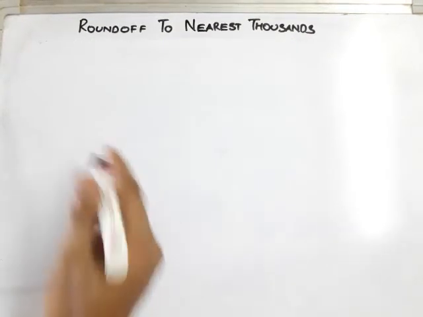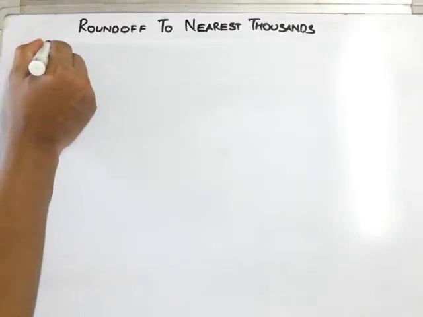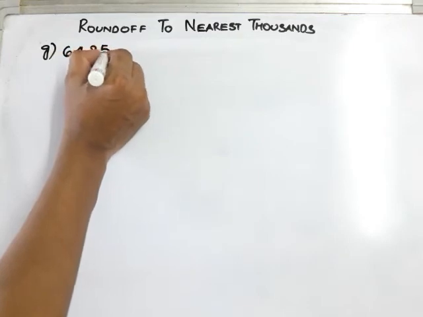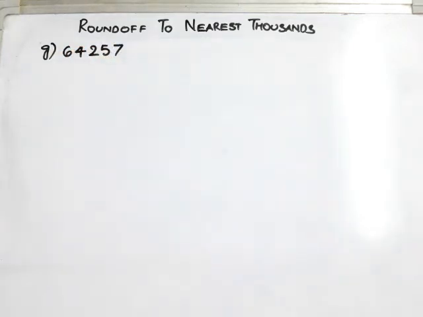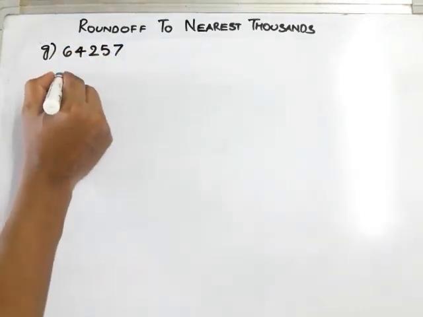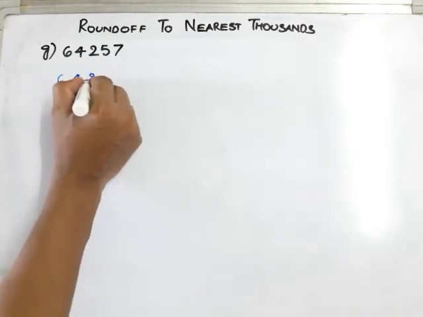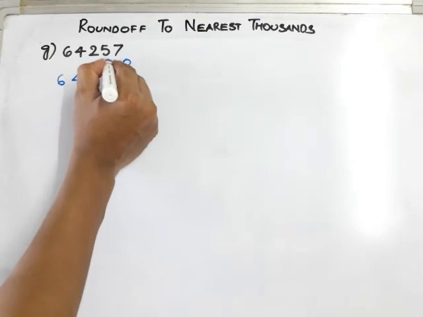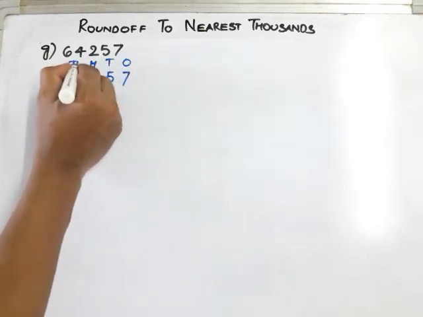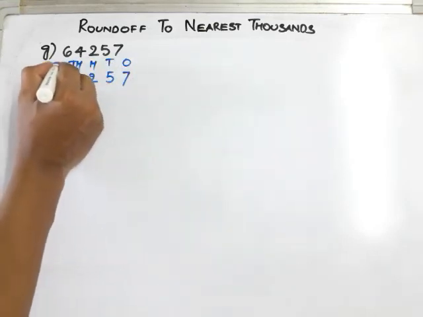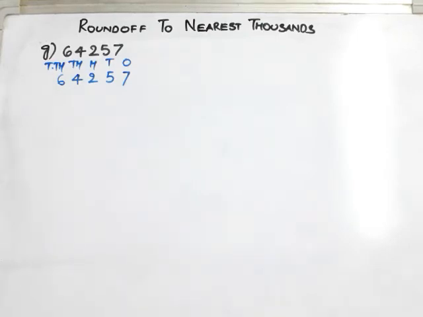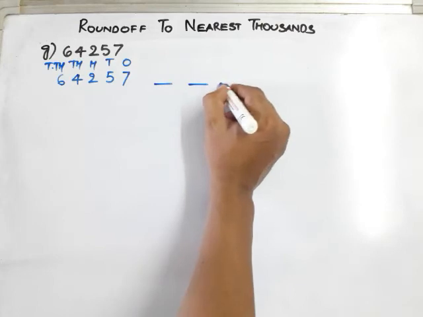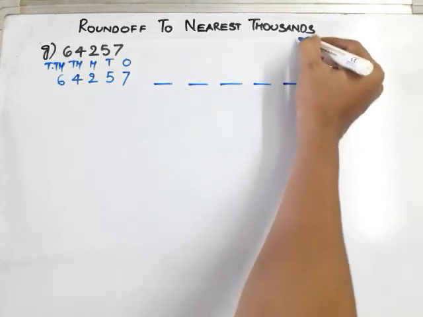So the next problem is G1, 64,257. 6, 4, 2, 5, 7. So ones, tens, hundreds, thousands, and 10,000s. So what will happen to the rounded off value? Again, it will have 5 places with 5 digits.